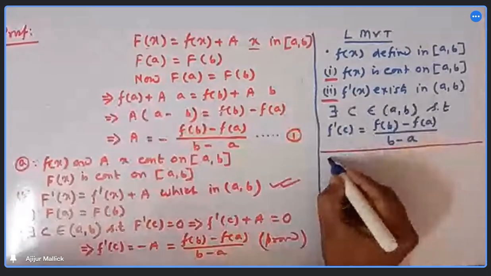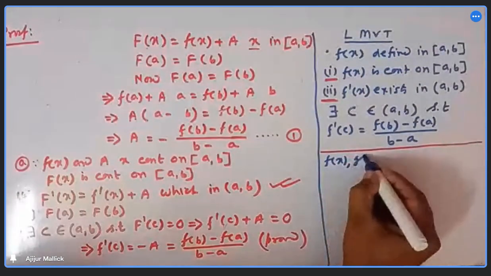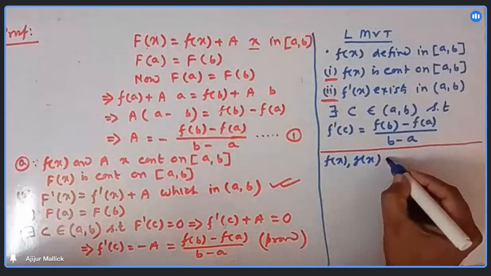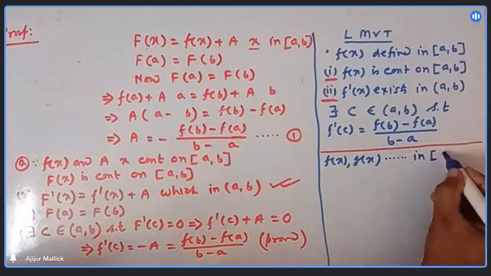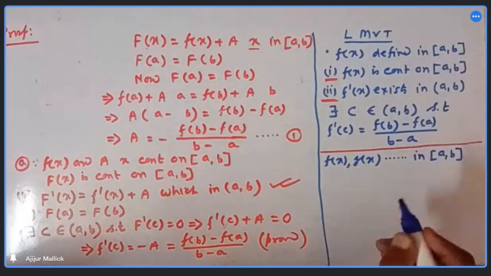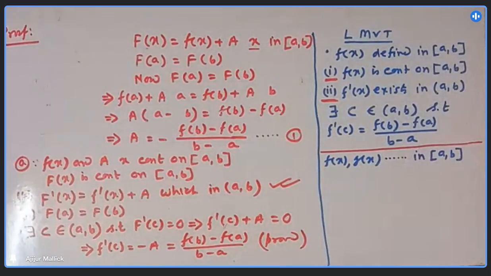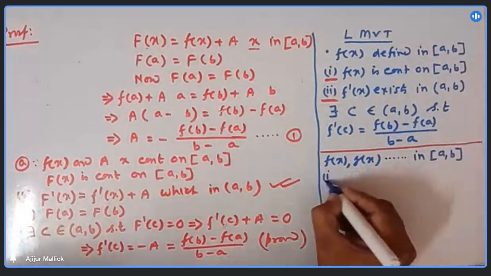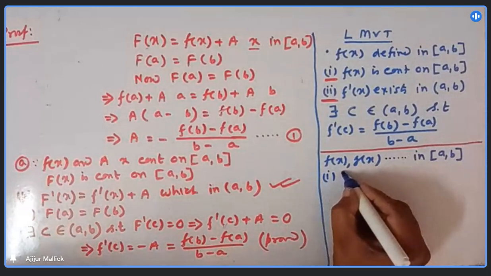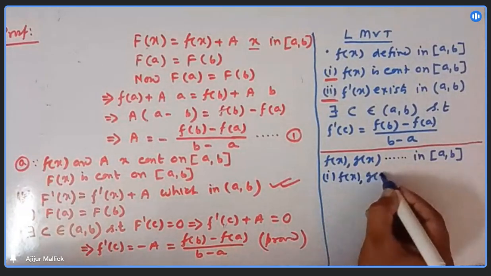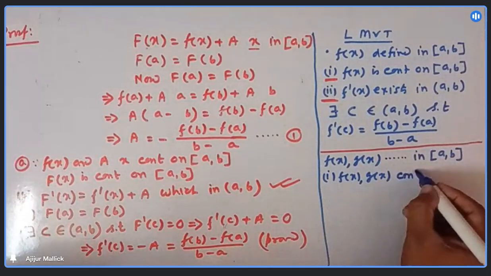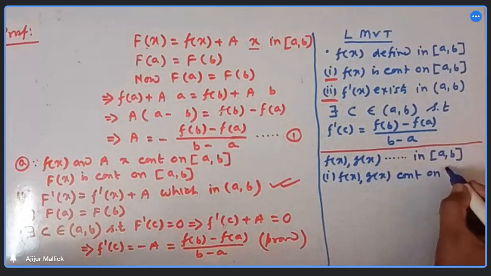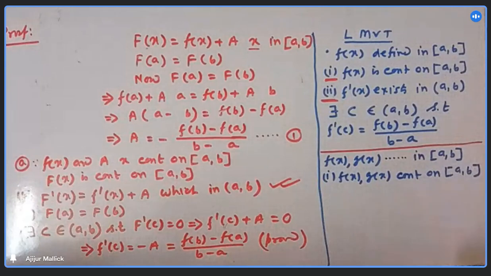Let f(x) and g(x) be two functions defined in the closed interval [a, b], such that, number one, f(x) and g(x) both are continuous on the closed interval [a, b].